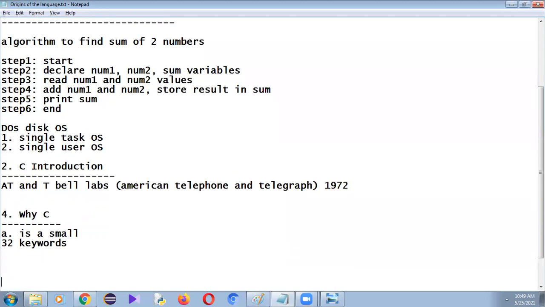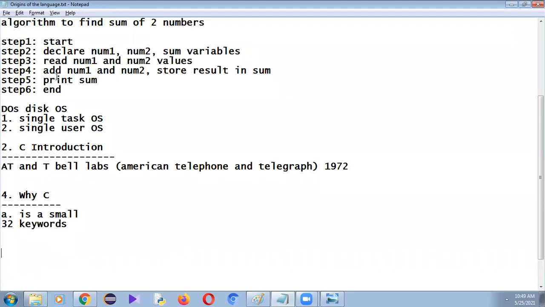What is meant by keywords? Keywords are the words which have some predefined meaning. What are the examples? char, int, float, long, signed, unsigned, if, else, switch, case, default, break, continue, while, for, etc. Regarding these keywords, we will be discussing in the next video.